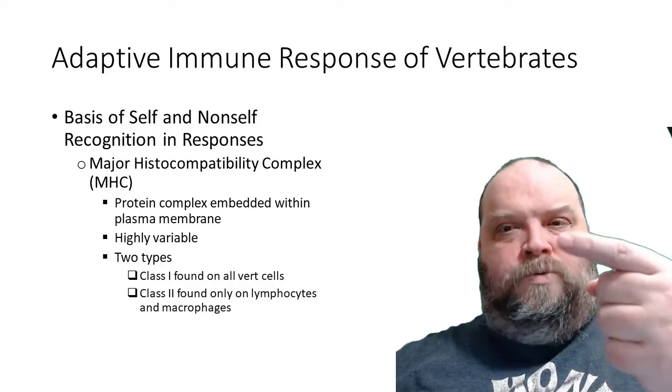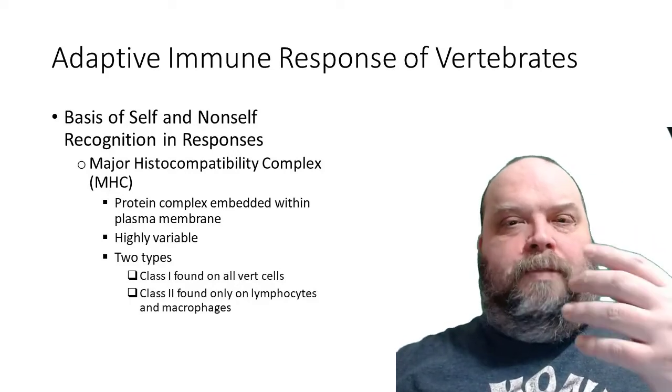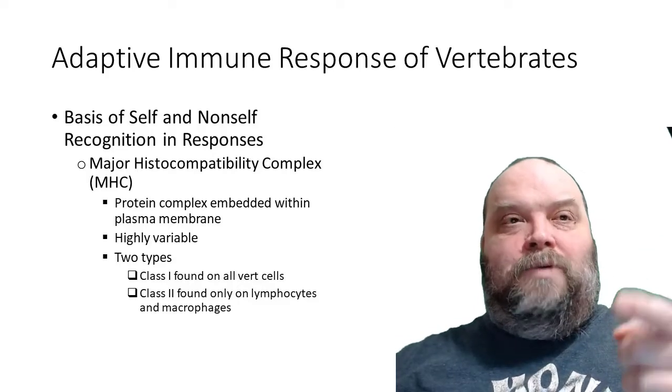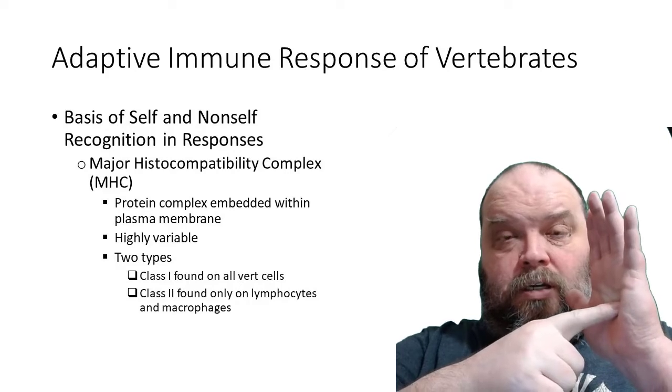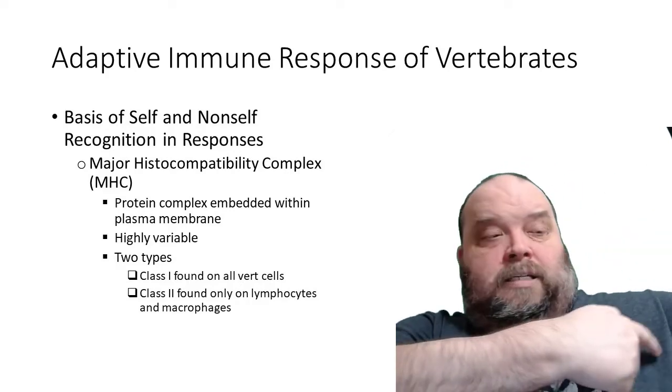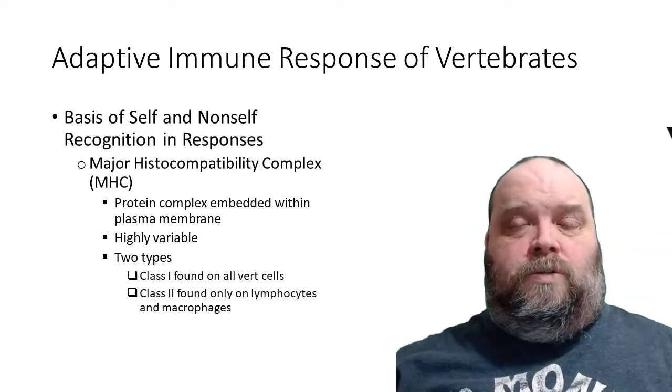Well, that protein, glycoprotein, glycolipid, whatever, has to somehow get from somewhere in your tissues to the B cells and the T cells that are housed in the lymph nodes.